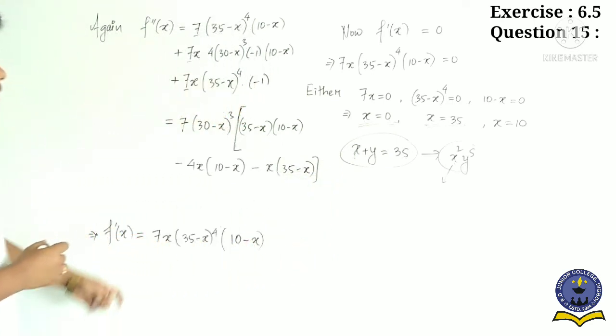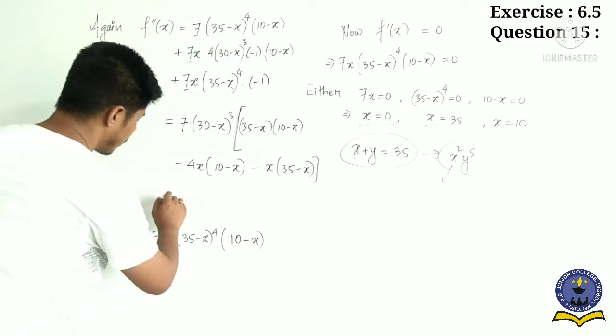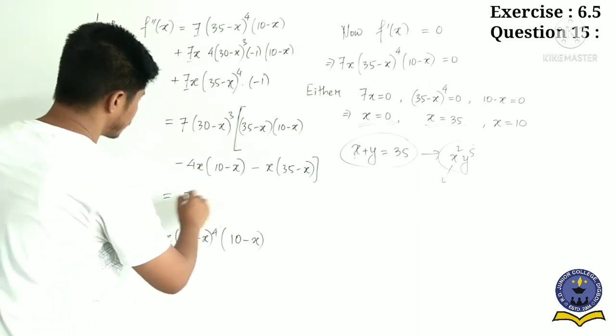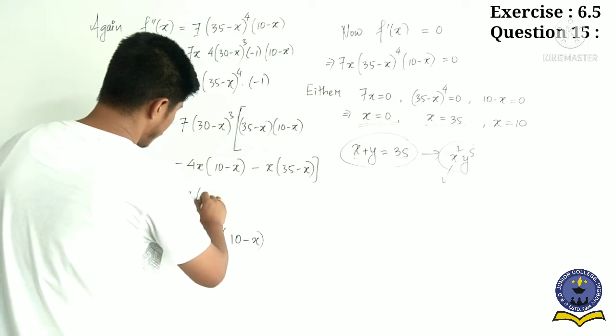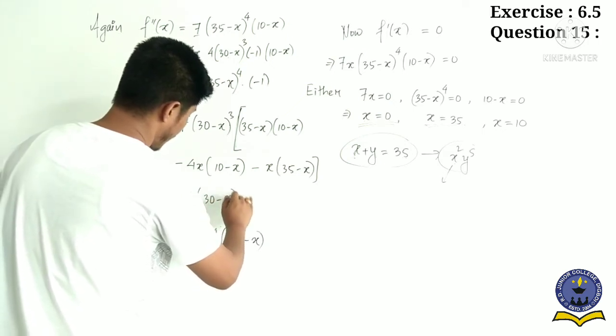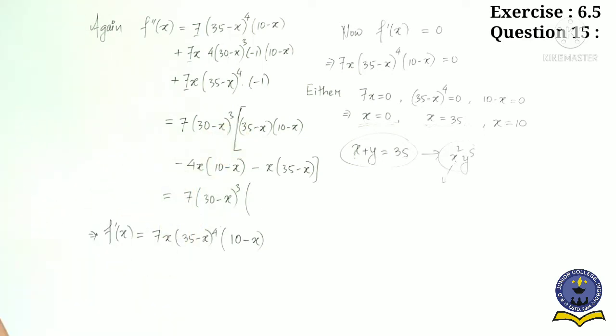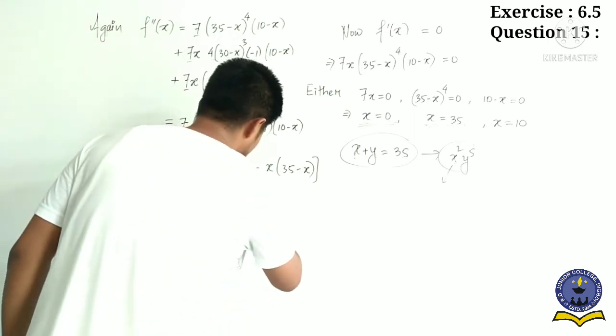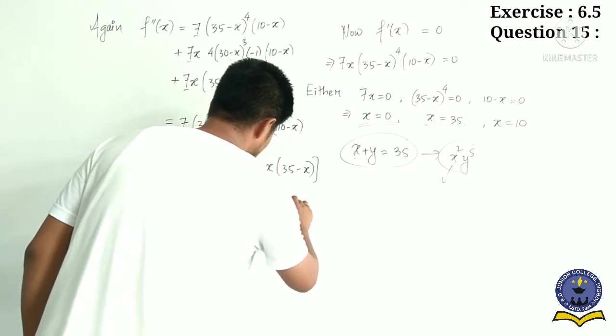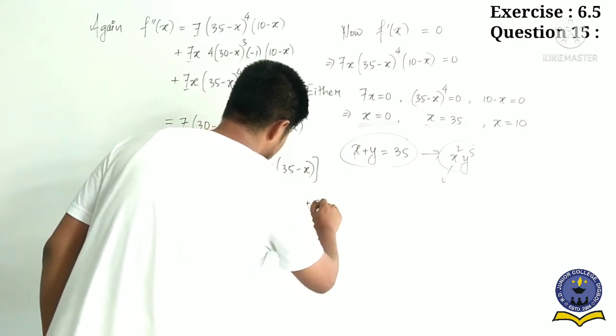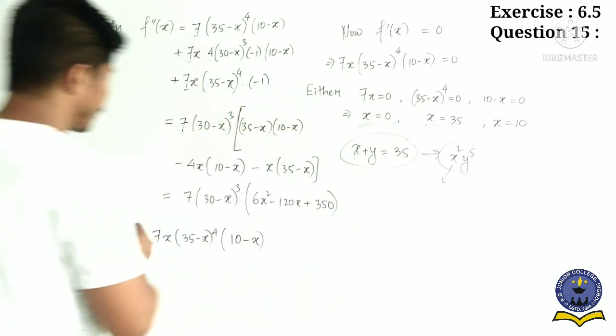So after taking common we get this result, and finally if we calculate this, we get 7 times (35 minus x) whole cube, and now if we calculate the last part, we get 6x square minus 120x plus 350.